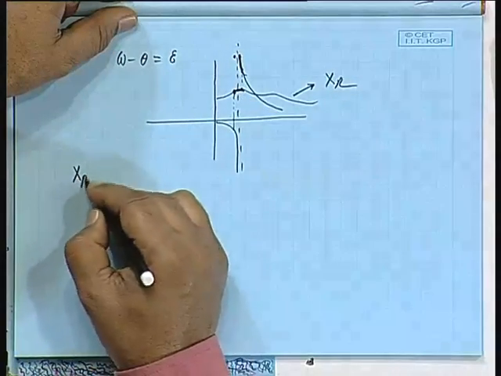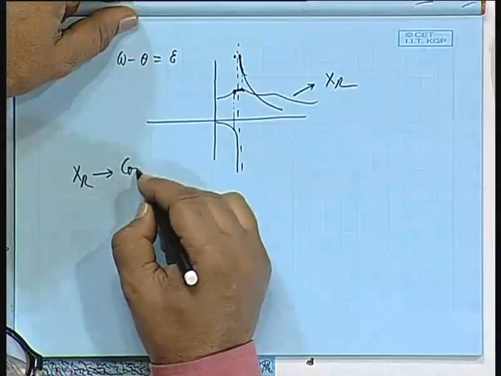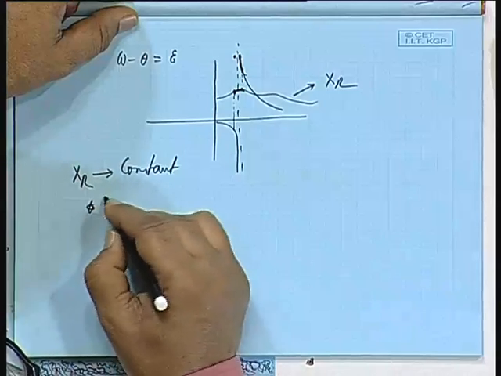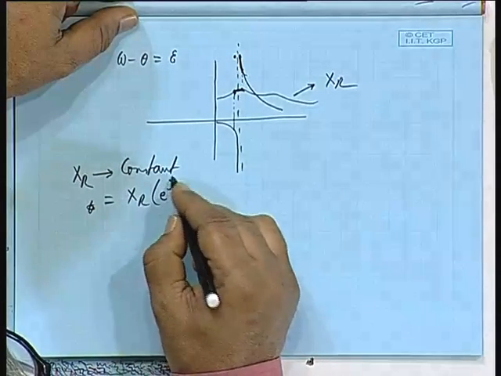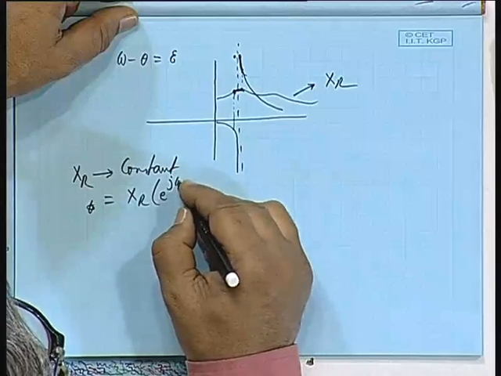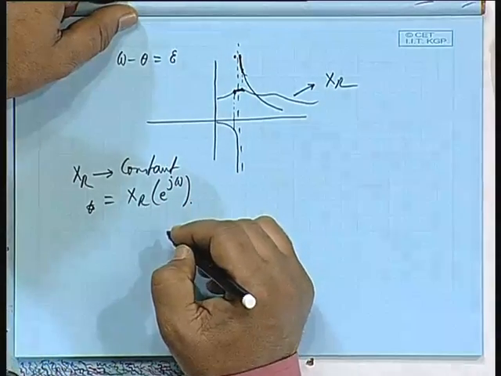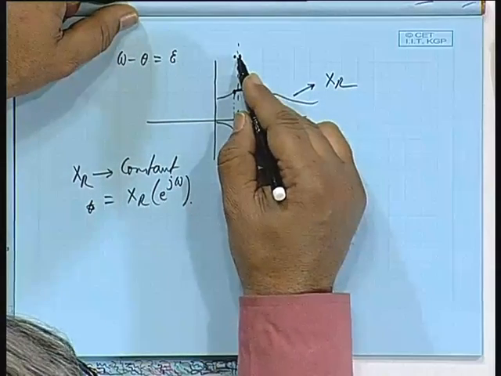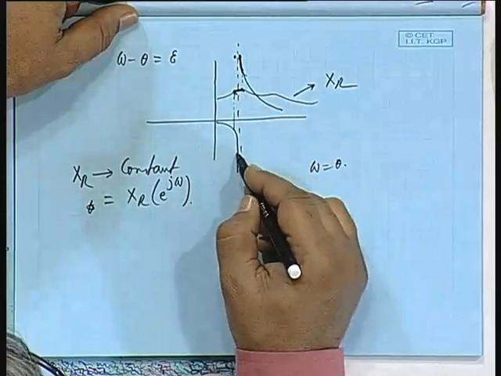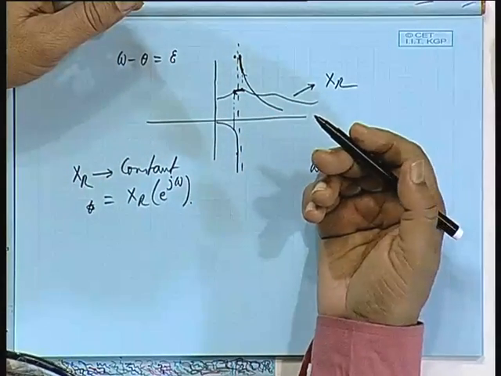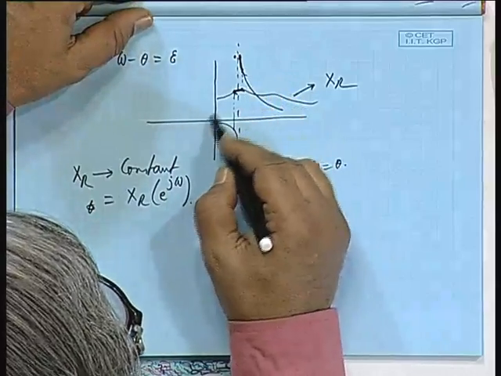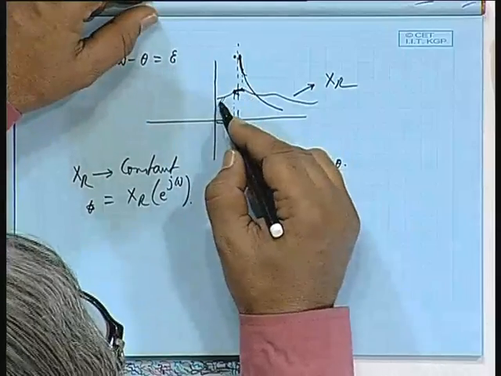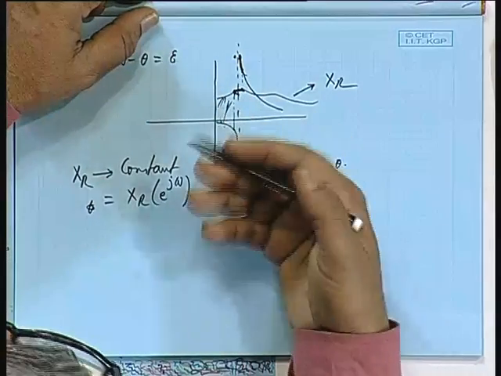So, if we assume X_R to be constant at that value of ω, where ω is equal to θ at this point, then the plus very large quantity multiplied by this and the minus quantity, they will cancel each other, all right. So, by taking points other than this location, very close to ω equal to θ, you can evaluate the product and evaluate the area under the curve.